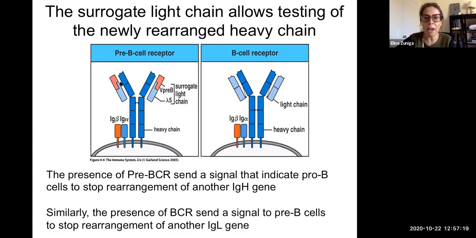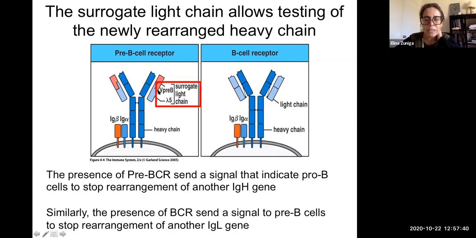So this is a way, the pre-BCR, in which the successful rearrangement of the heavy chain is tested by combining this heavy chain, the mu heavy chain, that again is the first one to be transcribed, with this surrogate light chain.